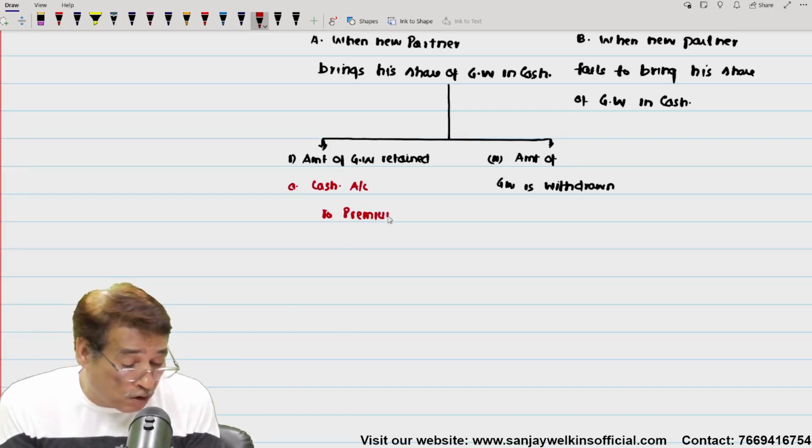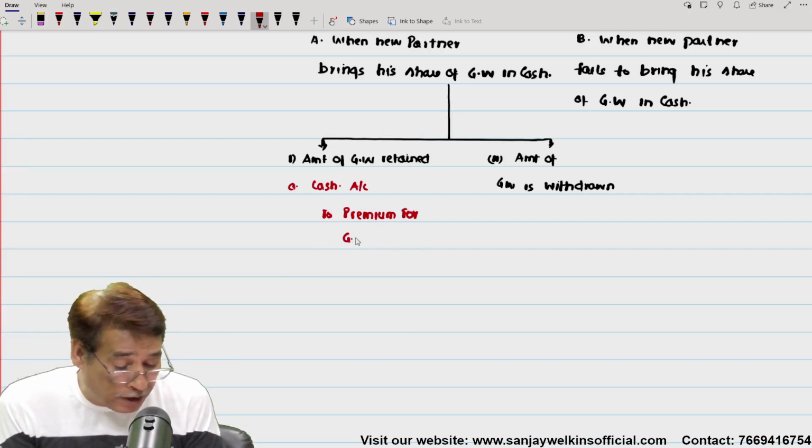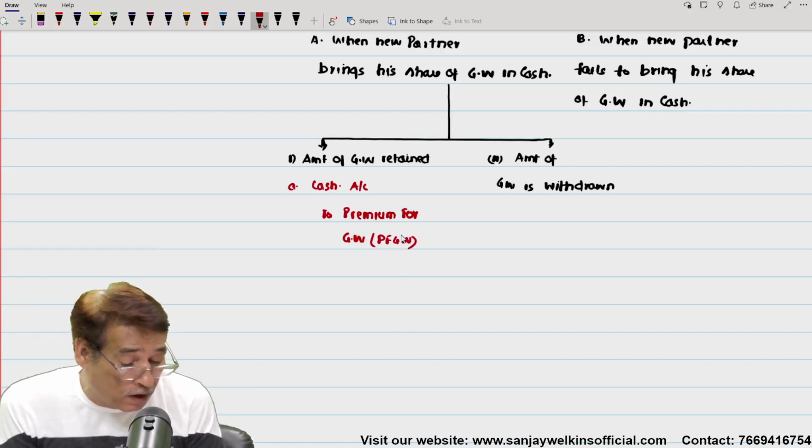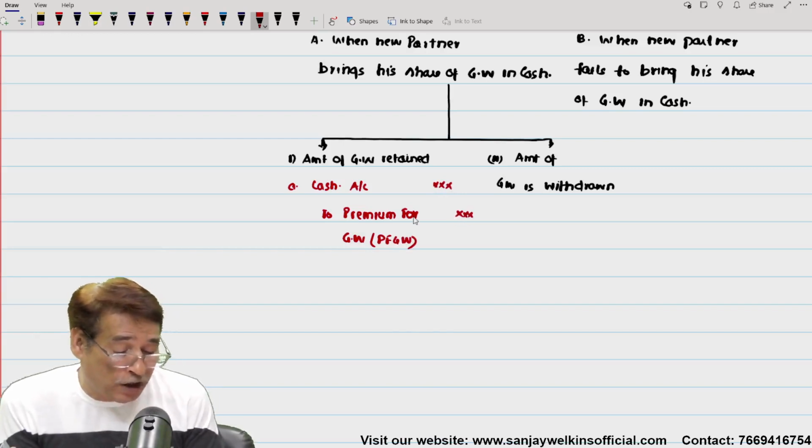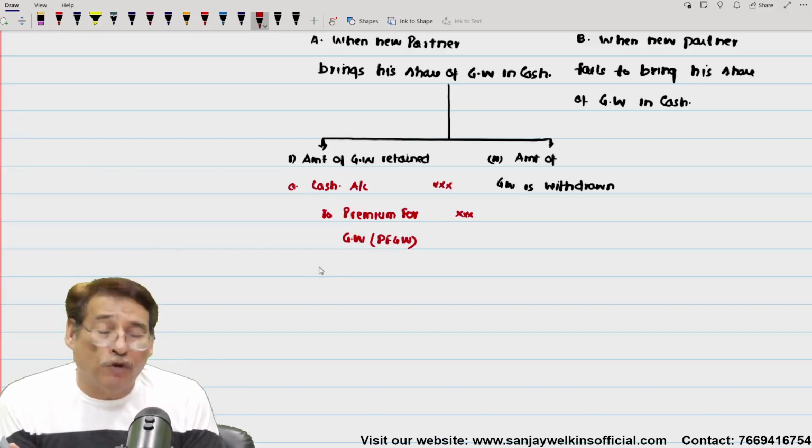It's a pretty long word, so I will write PFGW, premium for goodwill account. Let us say the new partner is bringing his share of goodwill, 1 lakh. So the entry will be cash account debit 1 lakh to premium for goodwill 1 lakh.